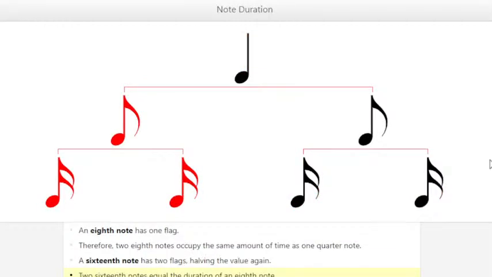So if you have your quarter note as ta, your sixteenth notes will be ti-ka ti-ka, because that is the same thing as ta. Then the eighth notes will be ti ti. Okay, you can see how the math is separated.